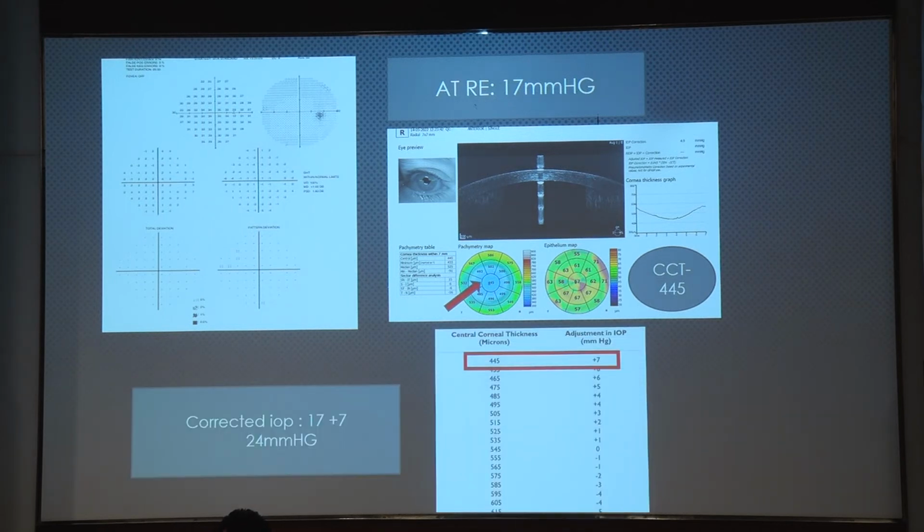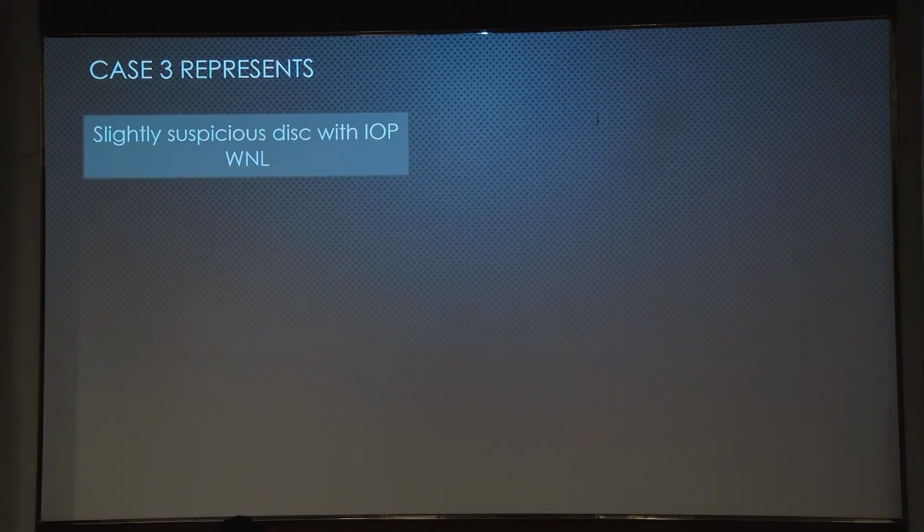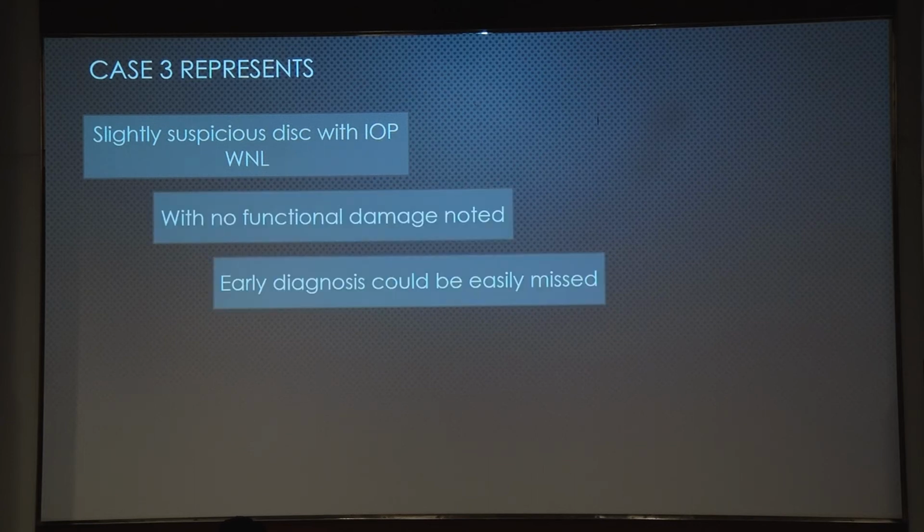So the corrected IOP is actually 24 millimeters of mercury. And the OCT also showed corresponding thinning of the superior sector, as noted in the RNFL thickness map and the quadrant map. So this was a case of a slightly suspicious disc with an IOP within the normal limits, but no functional damage noted.